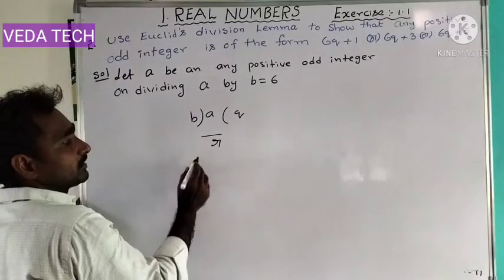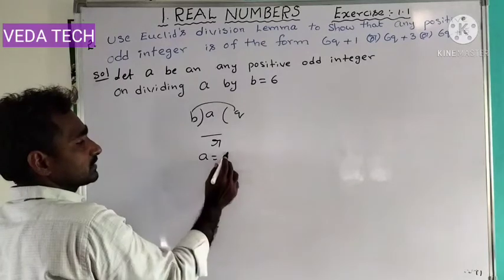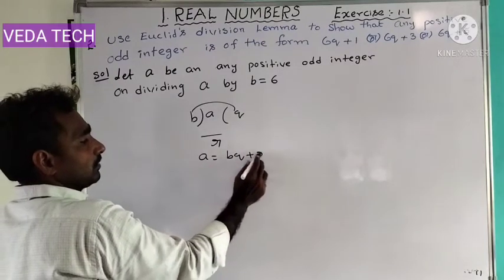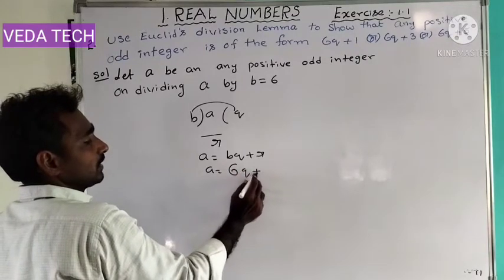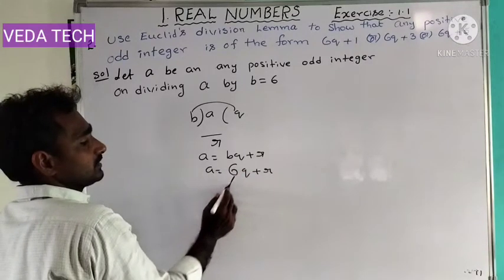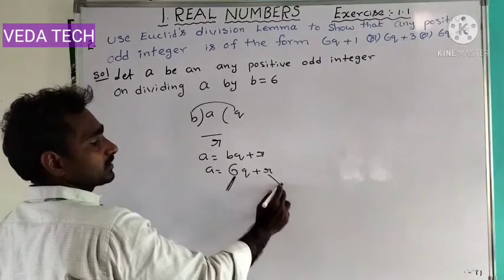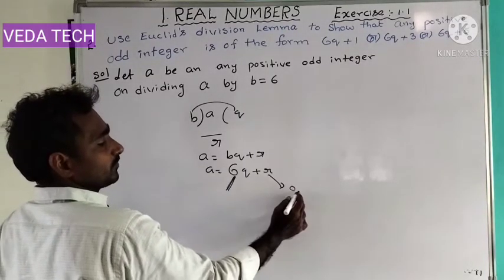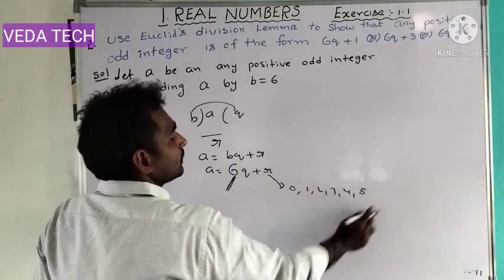By Euclid's division lemma, a is equal to bq plus r. Here a is equal to 6q plus r, so the divisor is 6. Therefore the possible values of r below 6 are 0, 1, 2, 3, 4, 5.